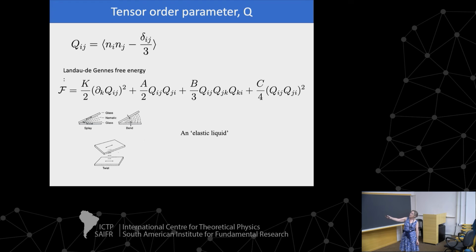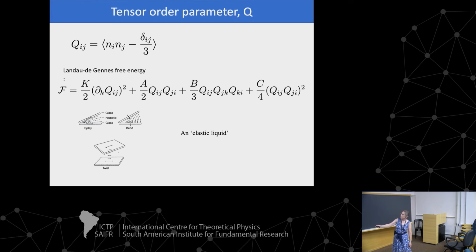And this just tells you about a phase transition from the isotropic phase to the nematic phase. If you aren't used to Landau expansions, don't worry. But worry instead about this. This is a term which says if I have any gradients in the order parameter, I have an extra contribution to the energy.